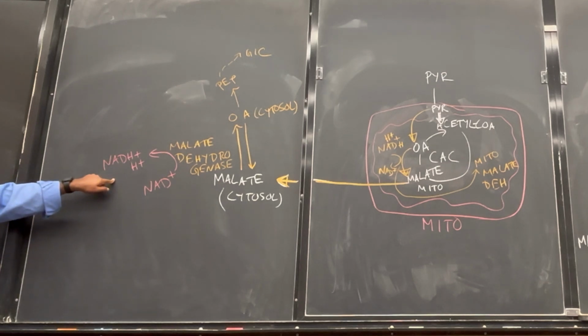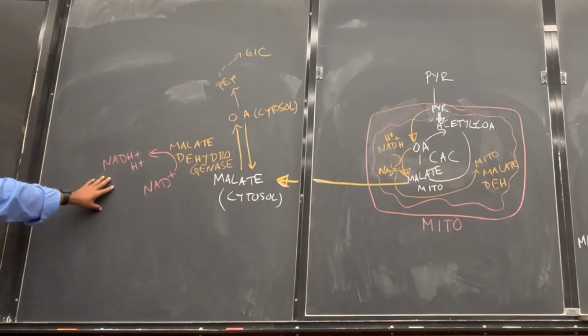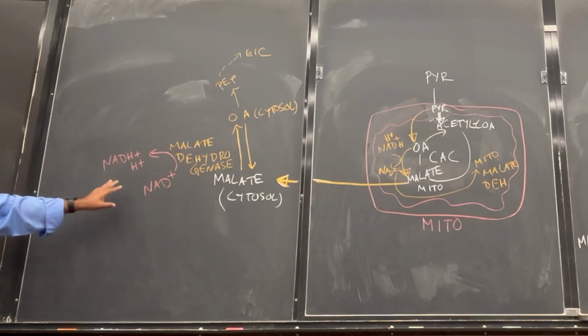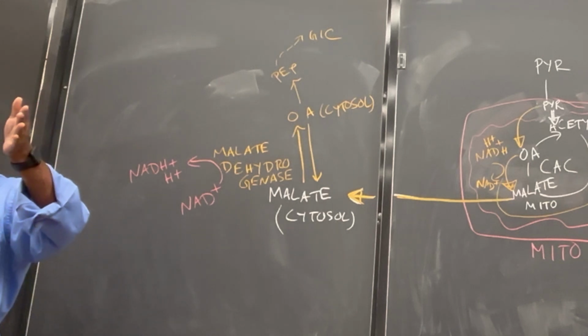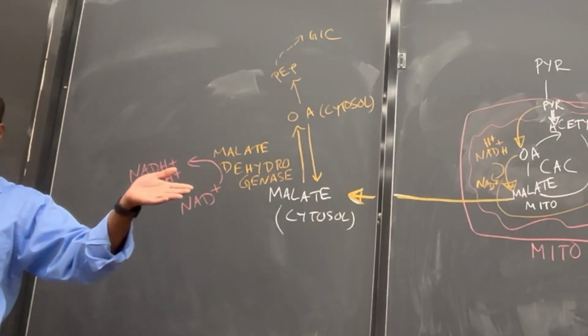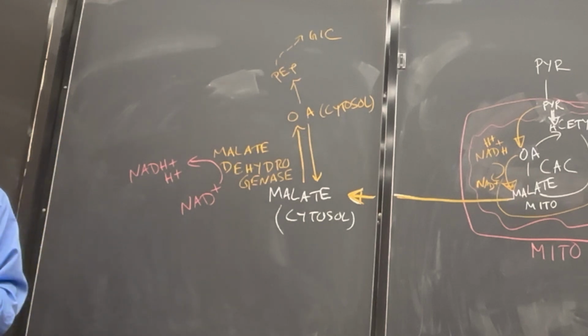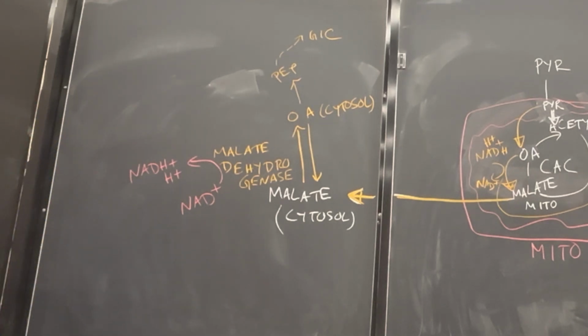There's another point, a couple more points. This NADH. Do you think there is a bigger reason why this has to happen in the cytosol? Not bigger reason. There is another benefit of this happening in the cytosol. So when we did glycolysis, did we use NAD plus? Yes. What did we make? NAD plus goes to NADH.